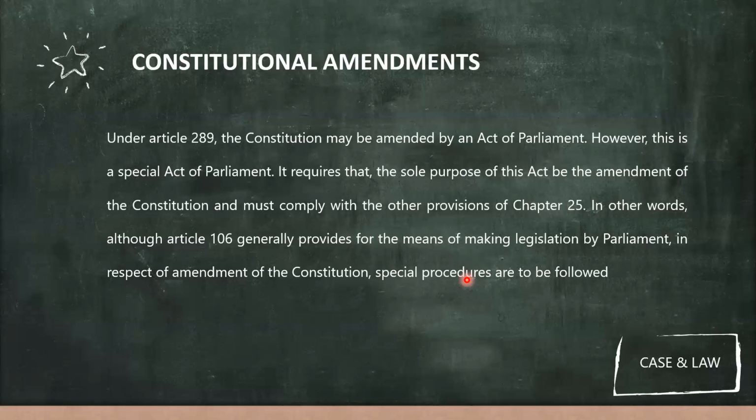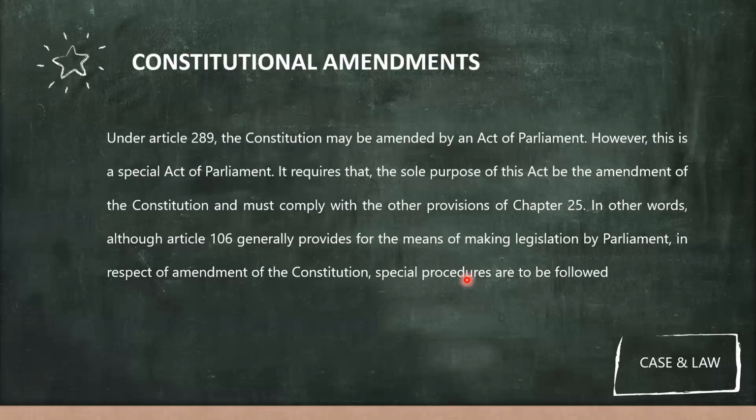So any student that intends answering any question on this should kindly know this, and it would also be helpful for you to note Article 106 and try to distinguish it from Article 289 by saying that under Article 106, it provides a general overview of how laws are passed, how they move from being a bill until it receives the assent of the president to become a law.